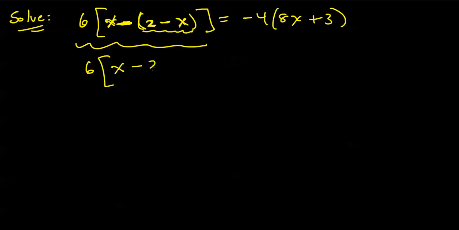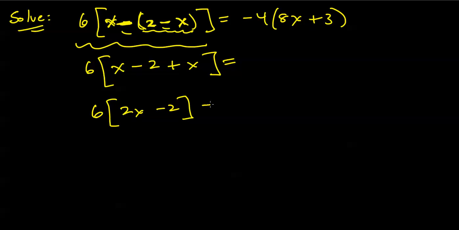I'll get x minus 2, and minus x is plus x. And let me keep working on the left-hand side here. I'll then combine like terms within those brackets. And on the left-hand side, then I'll get 6 times 2x minus 2. And on the right, I'll just have minus 4 times 8x plus 3.